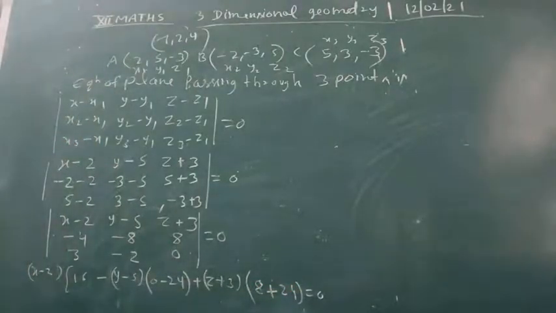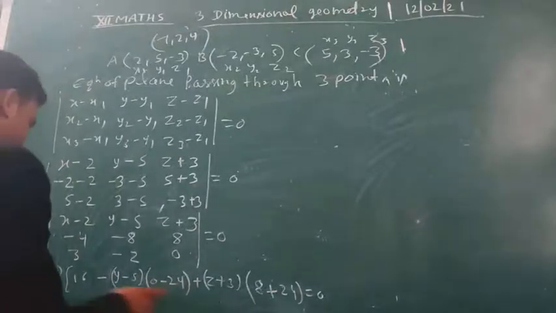Okay, students. Now (x minus 2) times 16, (y minus 5) times 24 and (z plus 3) times 32.